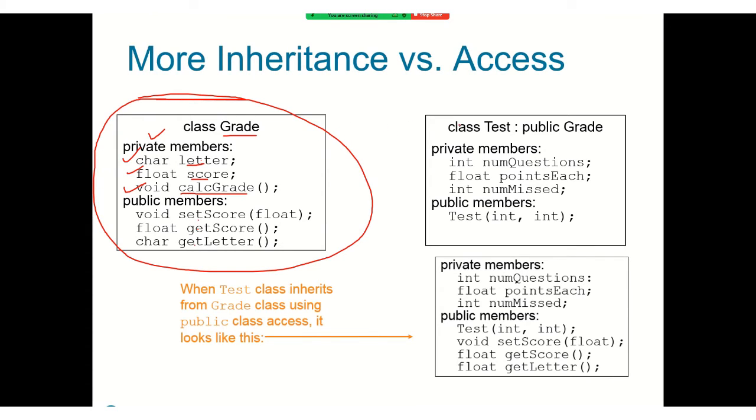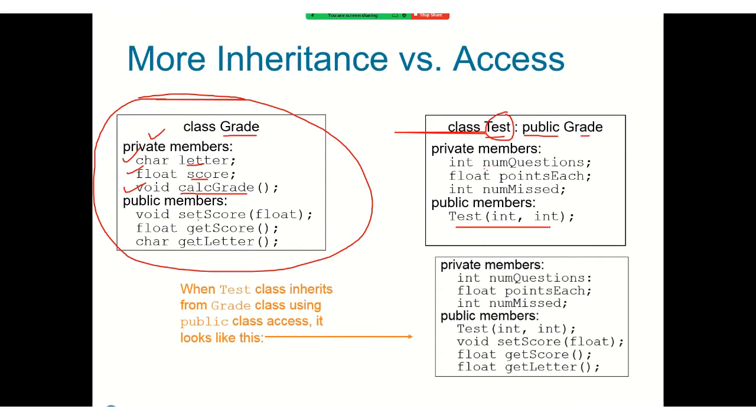Now there is a class Test which is derived from the public version of the Grade class, and this Test class has its own set of members. Let's say the private members are number of questions, points for each question, and number missed. Test means, for example, a quiz. Then there are public members.